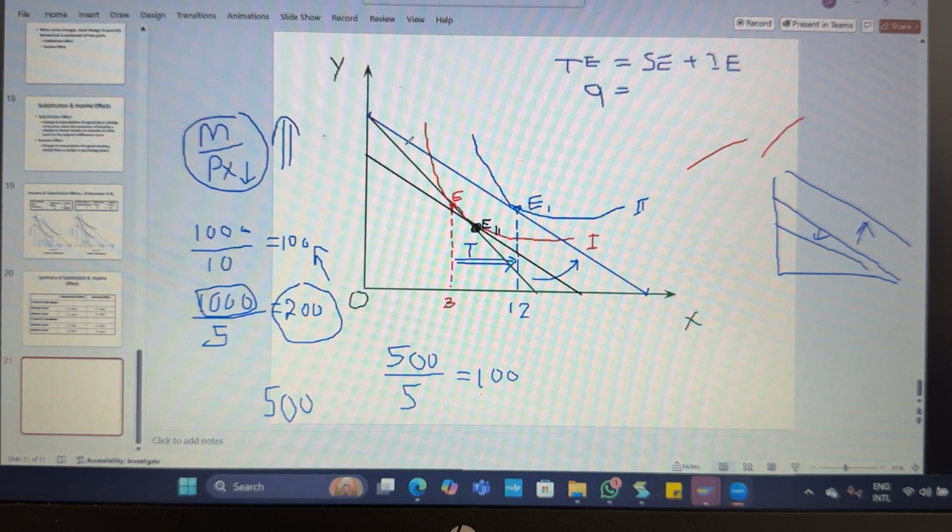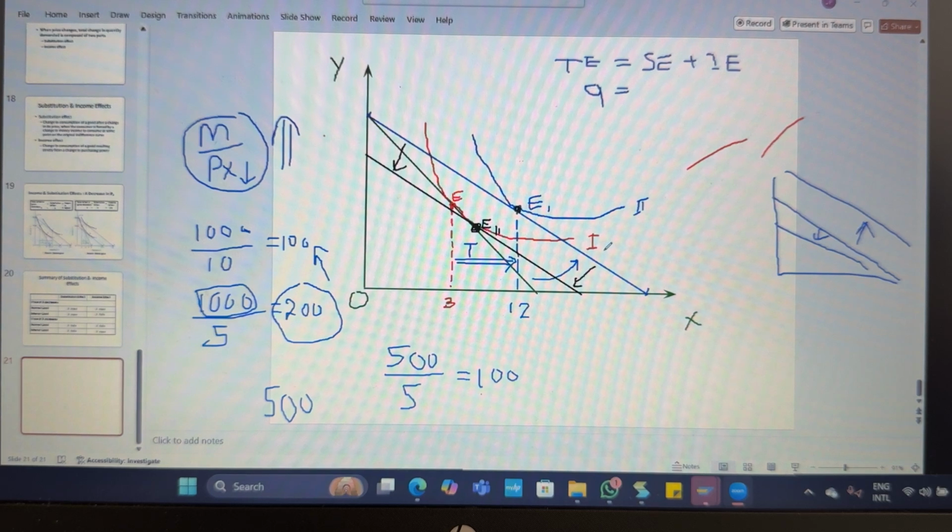So this blue color budget line shifted to the left. Why is it shifted? What is the reason? You tell. Income. Because I got some money from you. So after I get money from you, you can't stay on the indifference curve. Because the budget line is shifting, you are moving back onto your previous indifference curve.